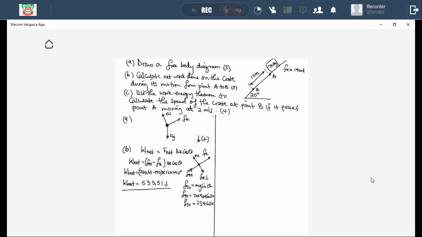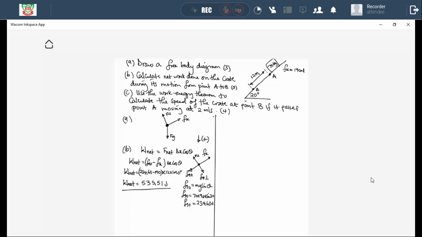This is your net work done. So you realize that even if you use the other method, which says net work done is equal to work done by Fk plus work done by Fg, you will still get the same answer, which is 535,51 joules. And remember, if you decide to write your answer as a decimal, it has to be rounded off to 2 decimal places. So that is our answer for item number B.